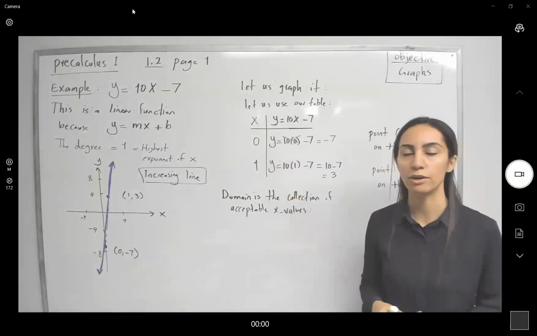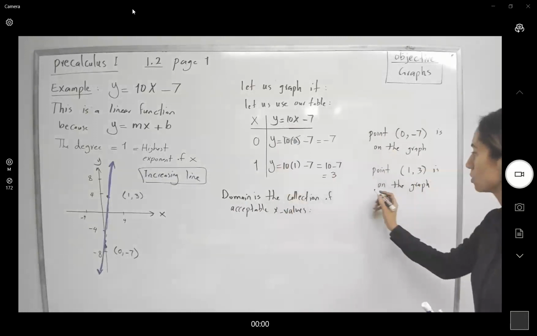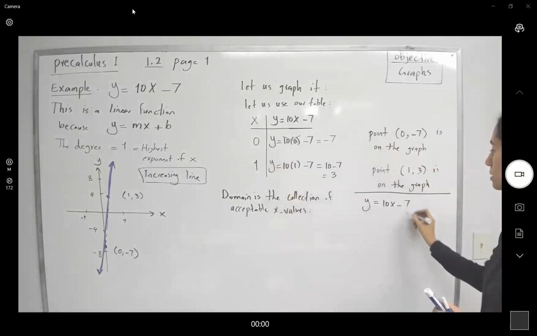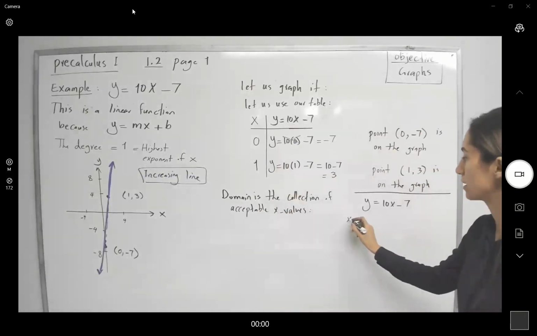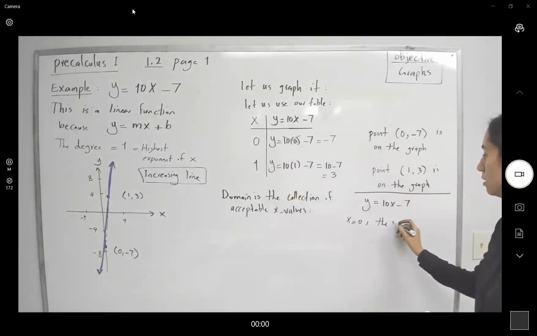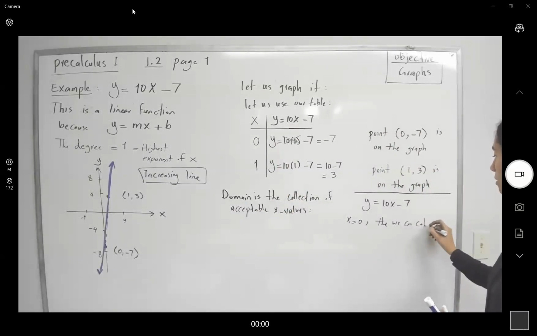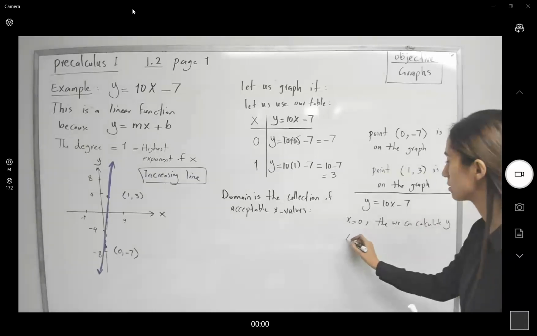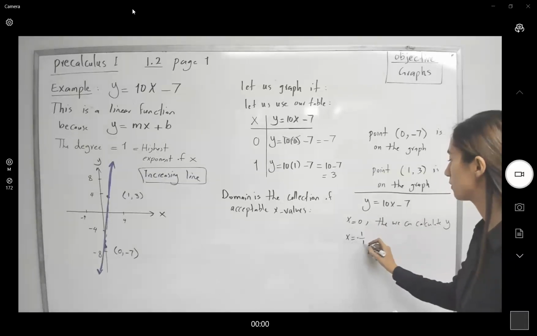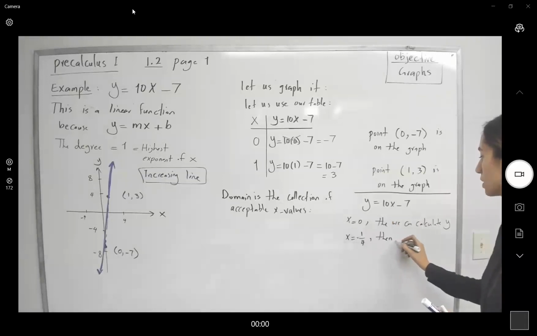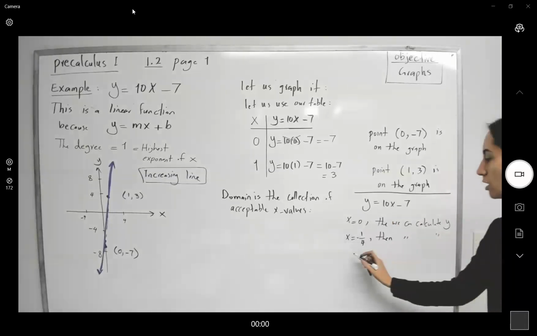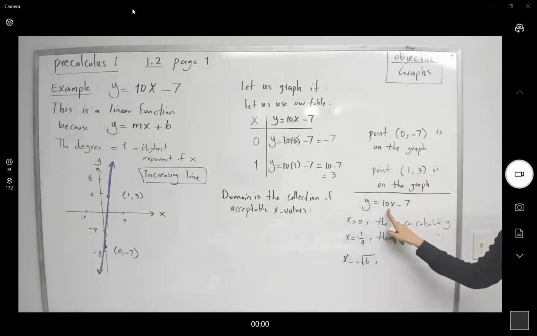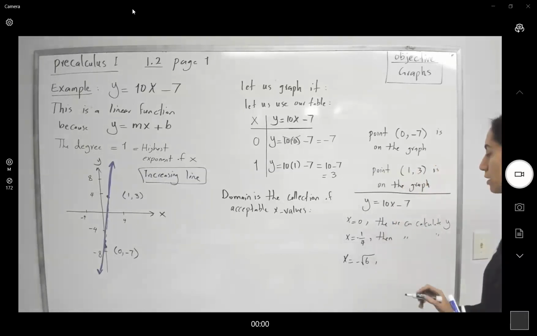Do I get an error in calculation or not? So take a look at your relation. You have y equals 10x minus 7. I can plug in 0. If x is 0, then we can calculate y. It's not an error. If x is equal to, for example, -1/4, then the same, we can calculate y. If x is equal to -√6, you can plug that in here, use your calculator and calculate it.